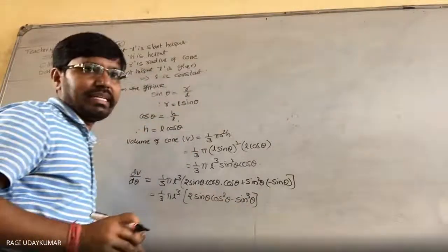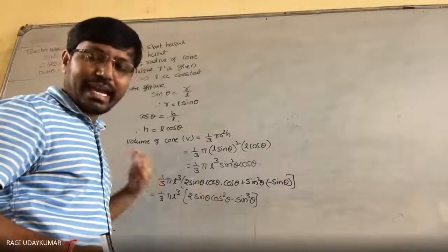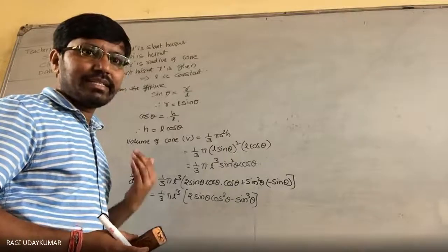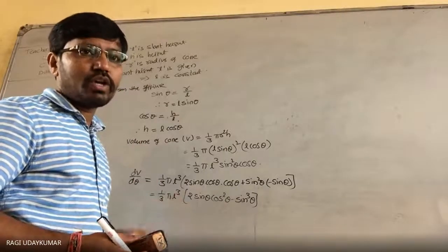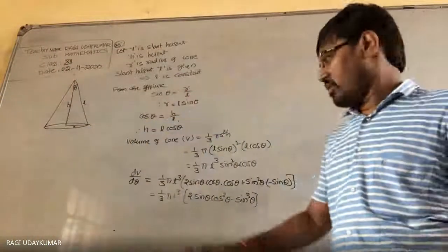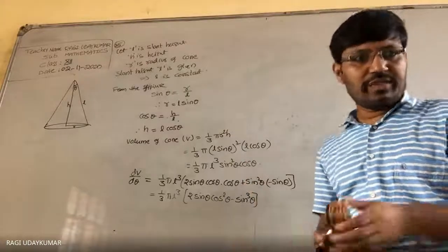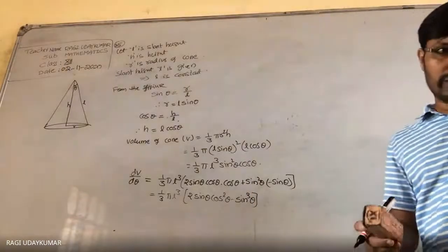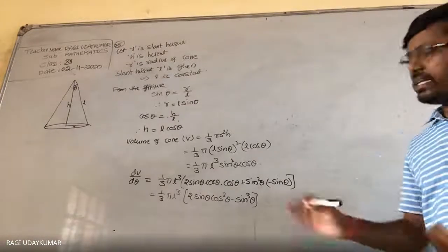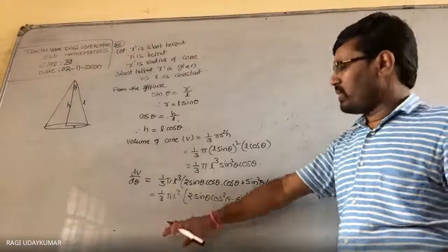This is dV by d theta, and we differentiate it with respect to theta again, the second time. Whenever dV by d theta is equal to 0, whatever value we get, we need to substitute in d square V by d theta square. So first let us find dV by d theta equal to 0, then keeping that value aside, find d square V by d theta square.